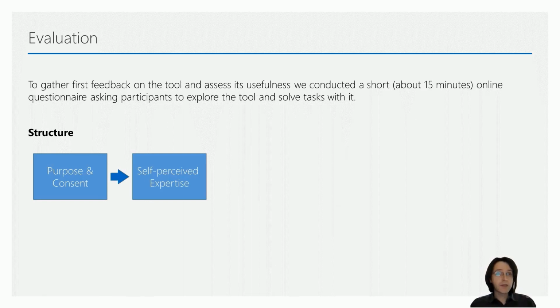Afterward, participants were asked to rate the self-perceived expertise with respect to eye tracking and visualization. In total, we received 10 responses, with almost all indicating high expertise in visualization, while in terms of eye tracking, the sample was a bit more diverse.